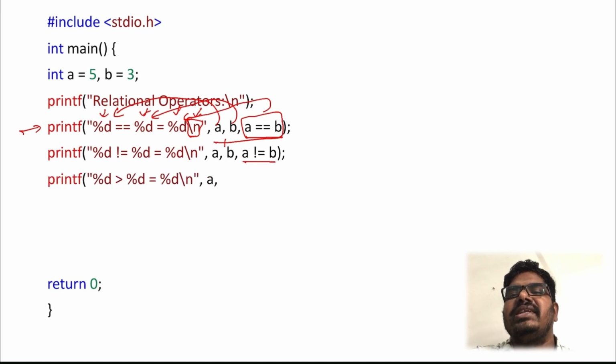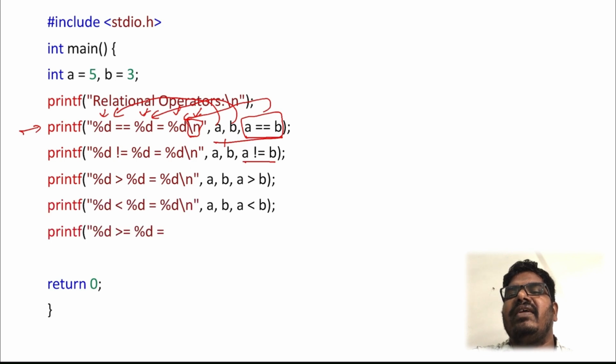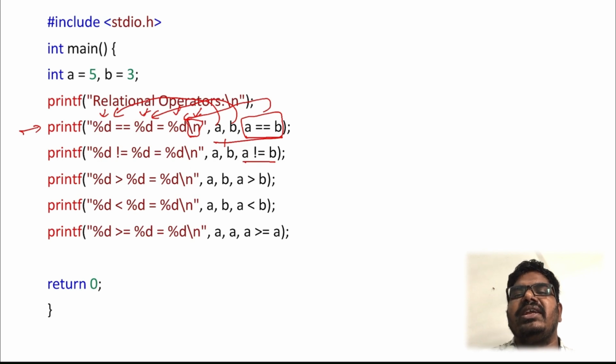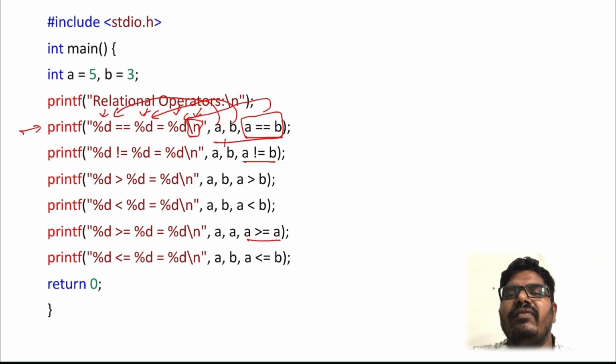Similarly, a is greater than b, a is less than b, and we have a is greater than or equal to b. Here I am mentioning a is greater than or equal to a. You can use any other expression, a greater than or equal to b also. Just for testing's sake, I am comparing with a itself. Then we have a less than b.